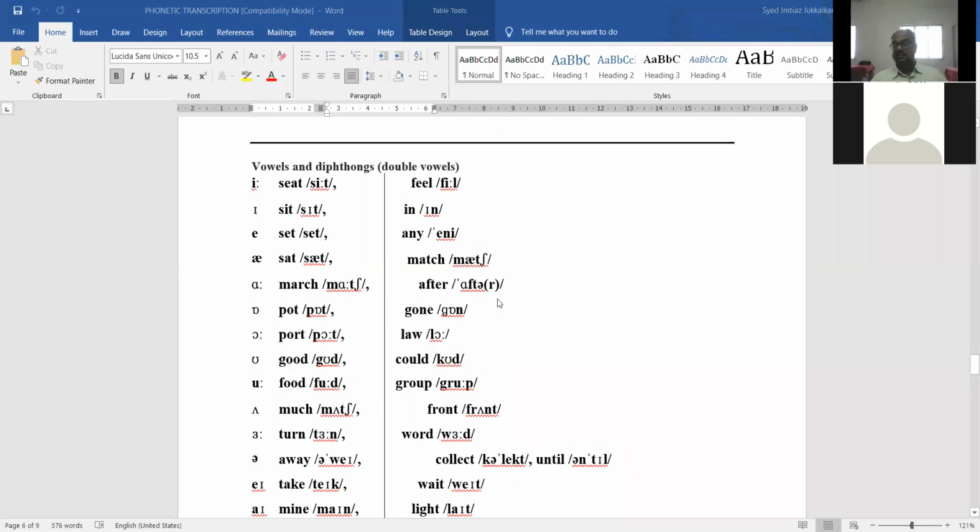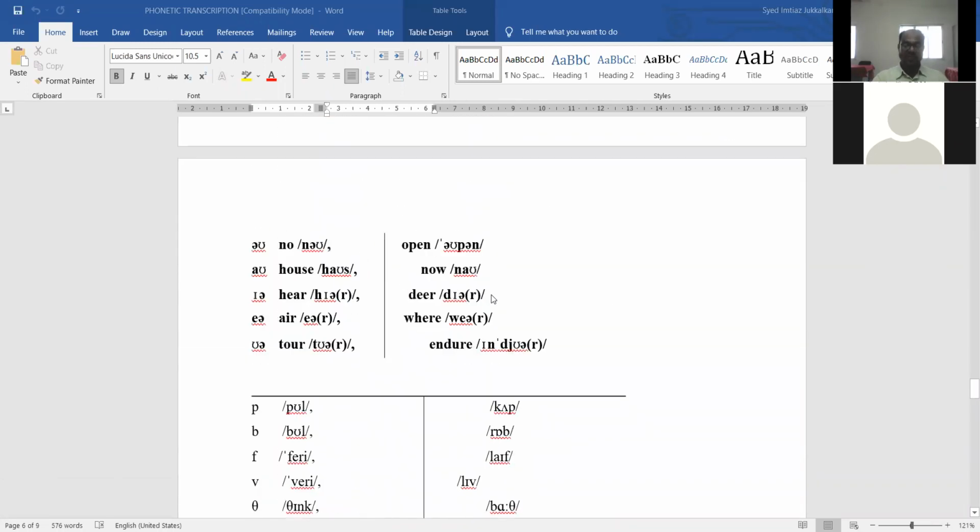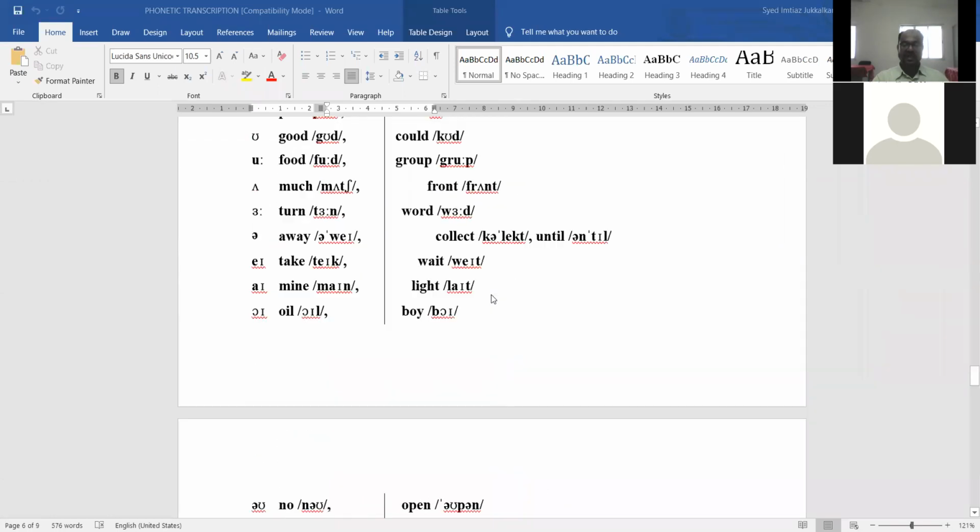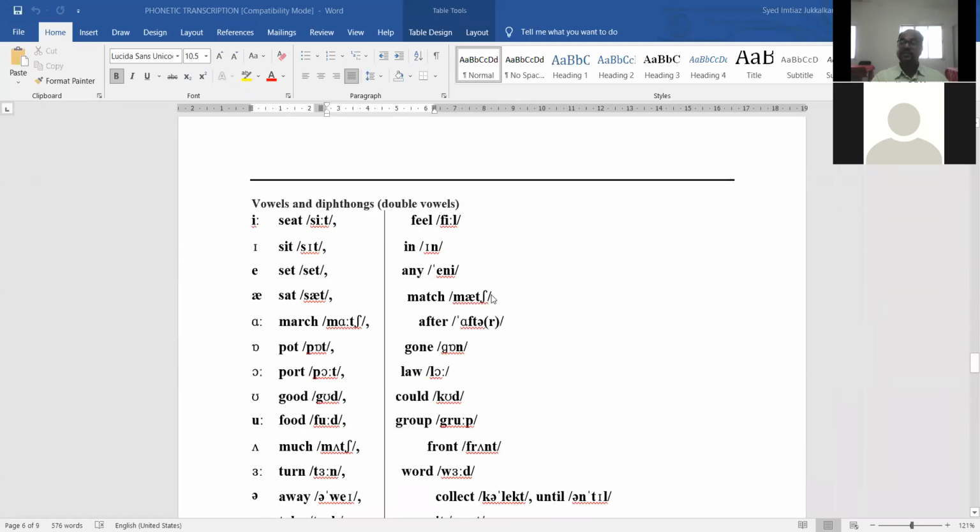These are the certain words we have practiced. Again, we are going to practice some words. Then from the transcription, we are going to identify the word. For example, seat. Feel. Sit.